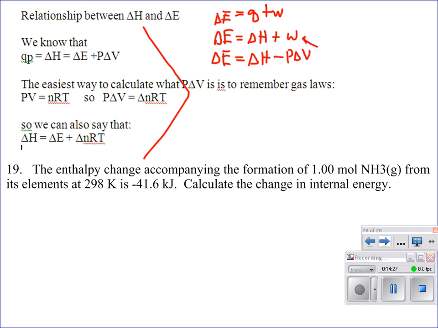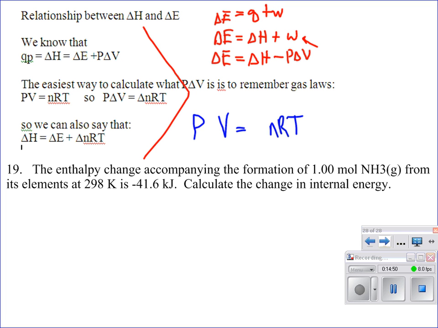You with me? Okay, now I'm going to do a sidestep here, and I'm going to talk about good old ideal gas law. PV equals nRT. Look what we have in the equation. We have P delta V. So instead of just pressure times volume, we're multiplying a pressure times a change in volume.